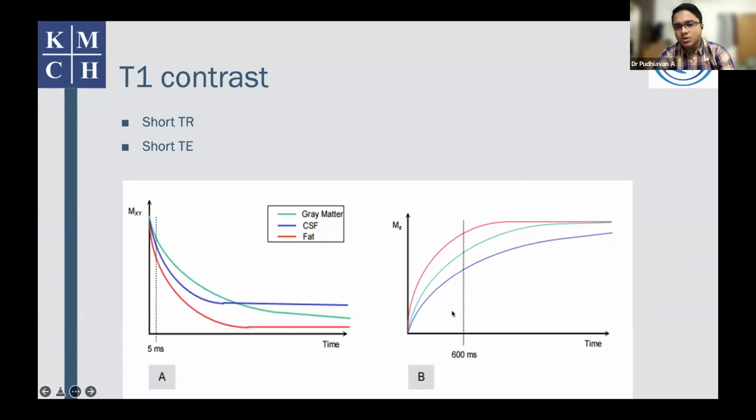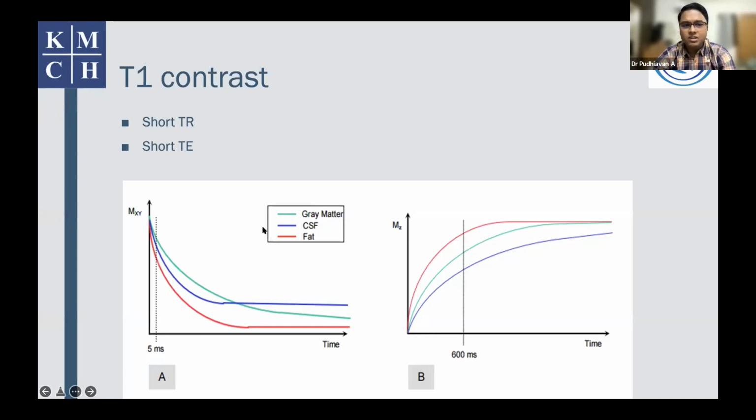Whereas in T1 relaxation, immediately after the RF pulse, the magnetization is flipped into the XY plane, so there is zero magnetization along the main magnetic field. With time, the magnetization is regained by the protons and reaches the magnetization equivalent to the main magnetic field.